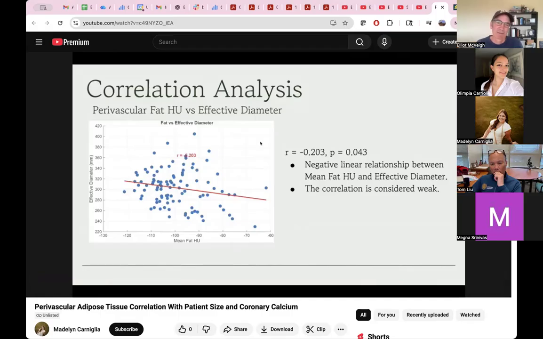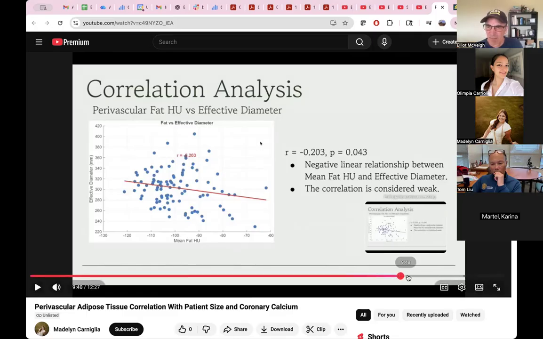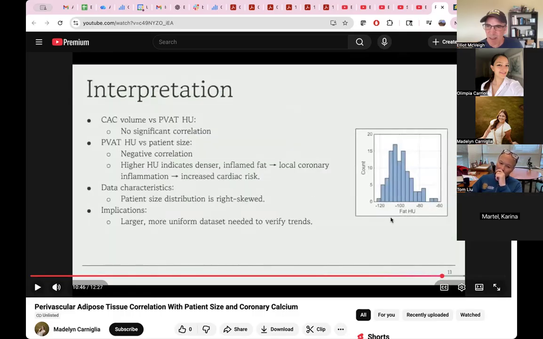Exactly. We did find that the data was right skewed when we ran a simulation. So we would need more patients to hopefully get a more uniform data set and then run it again and see if those correlations hold true.